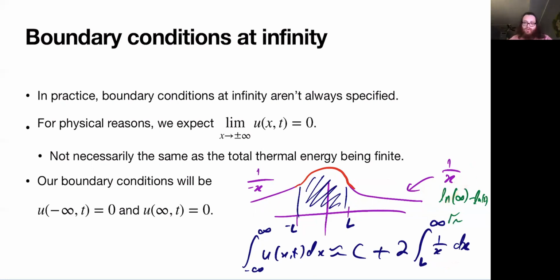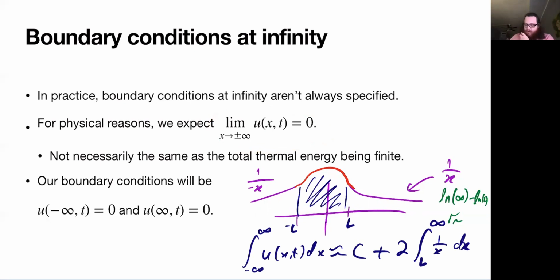So here's an example where, even though the temperature goes to 0, you can still get an infinite amount of total thermal energy. But this isn't something that we're really going to worry about. We're just going to assume everything's as nice as we could ever want it to be. And so in practice, we're just going to stick with, the further away you get, the less energy you're going to feel. So as you get far enough away, energy is going to be 0.